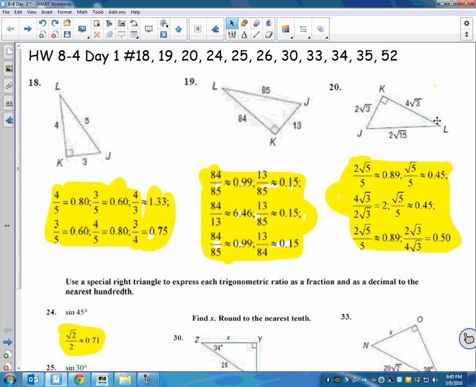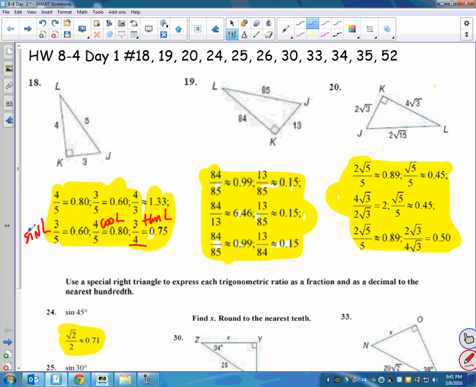On 18, 19, and 20, do not use the trig buttons on your calculator because we don't know the angle value, right? You can only do that if you have the angle for sine, cosine, and tangent. So on this one, I think this is going to be angle L. Sine of L would equal 3 over 5, cosine of L would be 4 over 5, and tangent of L would be 3 over 4.